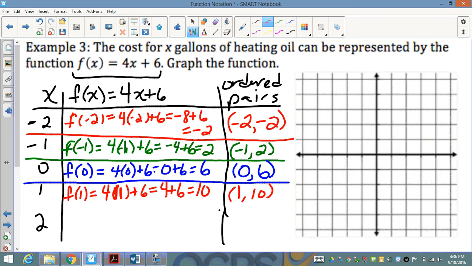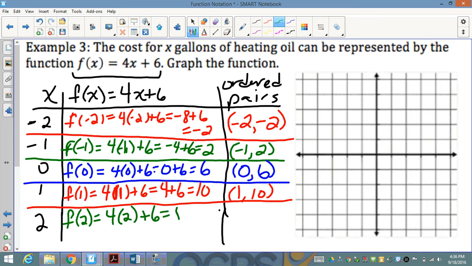And I can see 2 is going to be so big, it's going to be off my graph, but I'll still plug it in. F of 2 is 4 times 2 plus 6, which is 8 plus 6, which is 14. That gives me the point 2, 14.